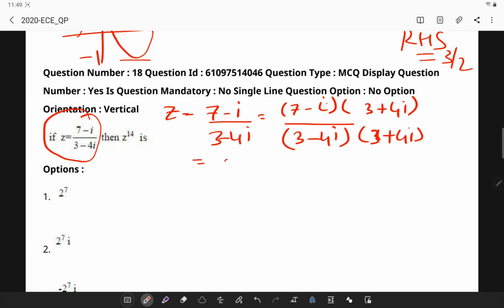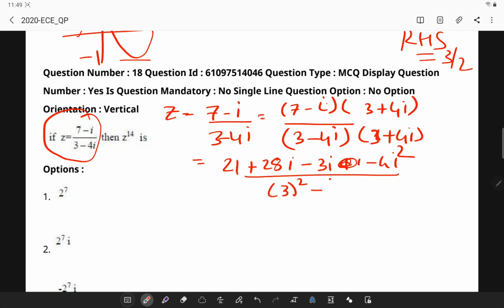So I will be left with 3 sevens are 21, plus 7 fours are 28i, minus 3i, minus 4i square, divided by a plus b into a minus b is a square minus b square.